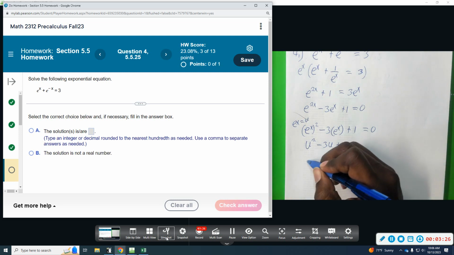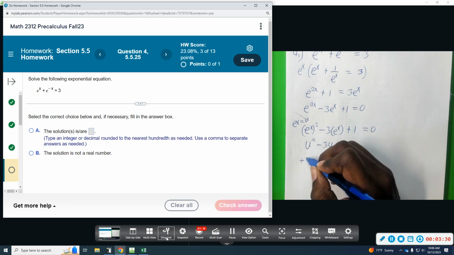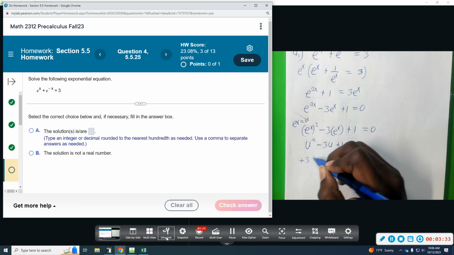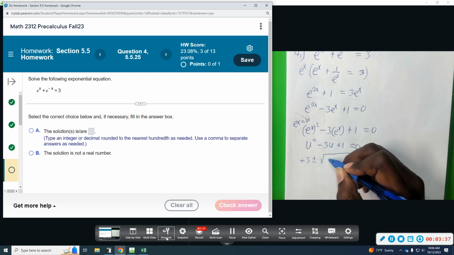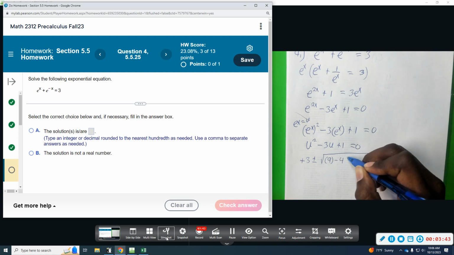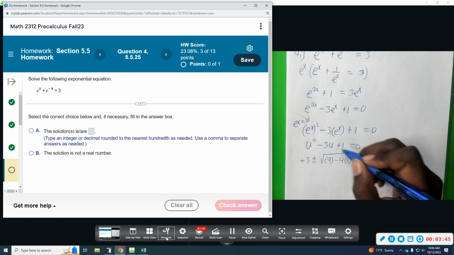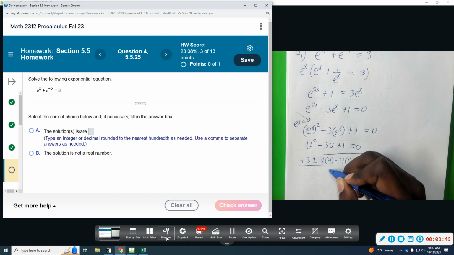So we're going to do negative b, which would be a positive 3, plus or minus the square root of 3 squared, so that's going to give us 9, minus 4 times a, which is 1, times c, which is 1, all over 2 times a, which is 1.